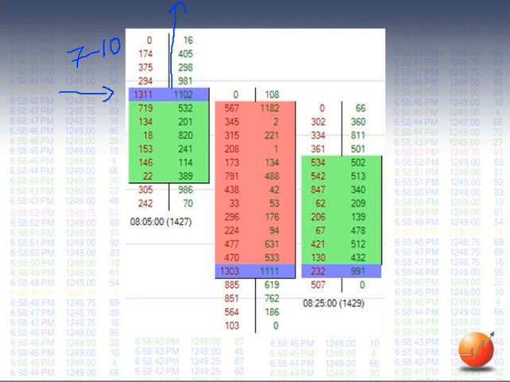And so what I'm looking at is saying, if I'm going to get long in front of the high volume, let's just say I'm bold and I go here. I've just bought 3 ticks off of the high. Oh, you better have some brass coconuts to do that. I don't buy the high of the day.